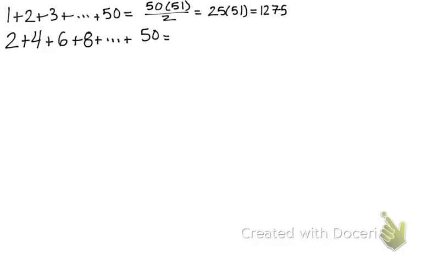Can we use our sum of the first n integers? Well, remember that the sum of the first n integers needs to be of this form. It needs to be 1 plus 2 plus 3 plus 4. Is there some way we can make 2 plus 4 plus 6 plus 8 look like that?